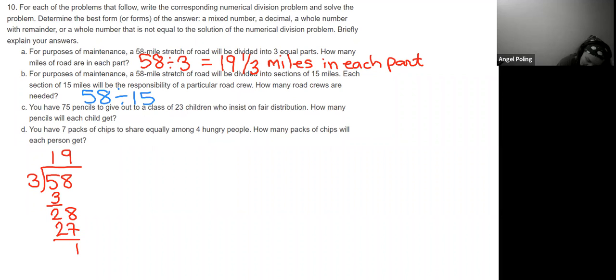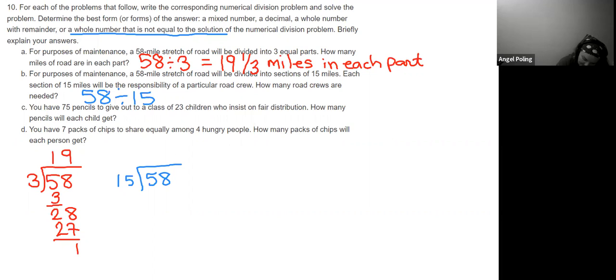Okay, my brain's just getting excited because this is one of those examples of a whole number that's not equal to the solution. So let's check it out, right? So we can fit 3 sections in there, but not quite 4, right?